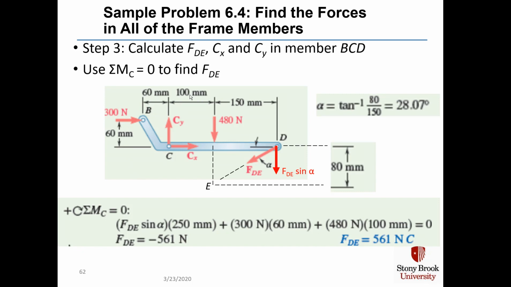We then calculate that F sub DE is minus 561 newtons, and it's actually in the opposite direction of what we've drawn because of the negative sign.